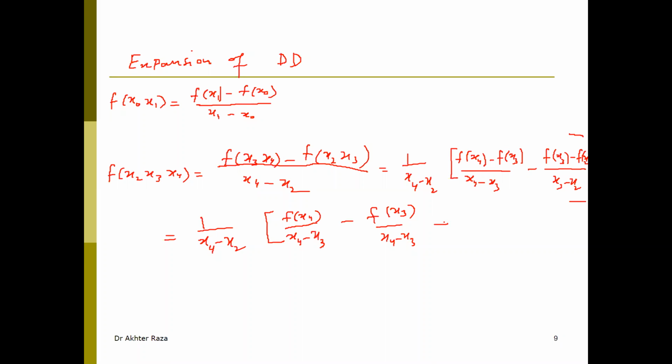This is plus, not plus, this will be minus f(x3) divided by x3 minus x2, plus f(x2) divided by x3 minus x2.